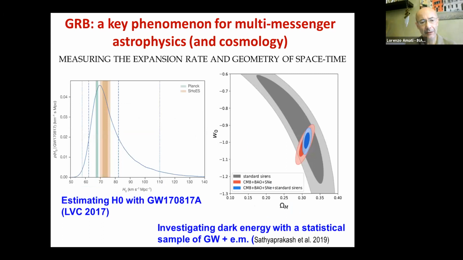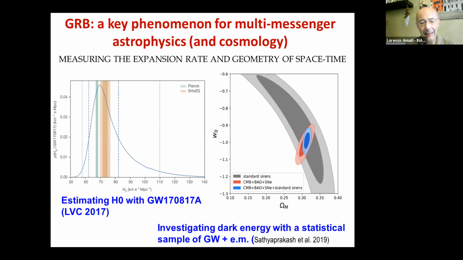Indeed, you know very well, as is shown on the left panel, there is this tension in the measurements of H0, with the CMB providing a lower value with respect to type 1a supernovae or other methods for the lower redshift universe.